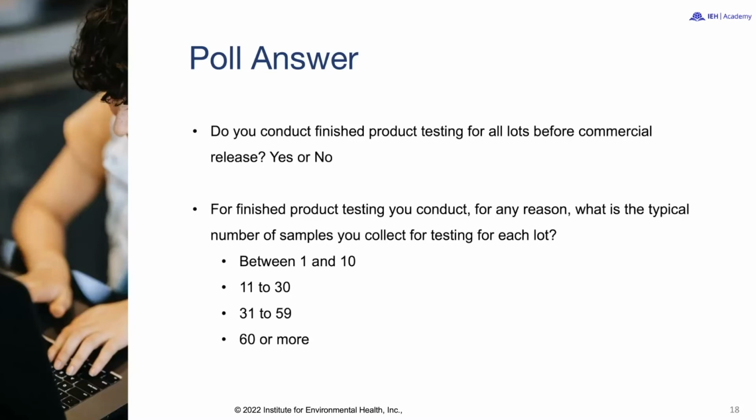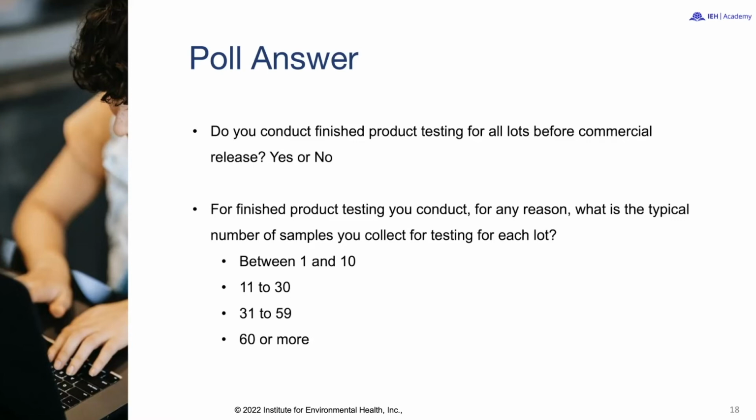If you look at question number 2, the number of samples that you're pulling, there are very few of you, 20%, testing at 60, which is the usual case 15, where we have n equals 60 and c equals 0, the kind of internationally accepted sampling plan.